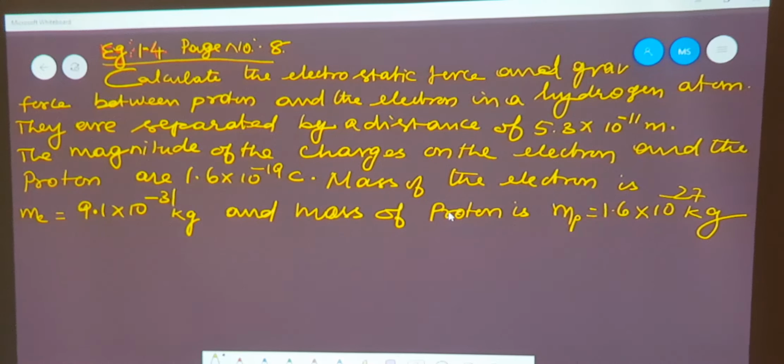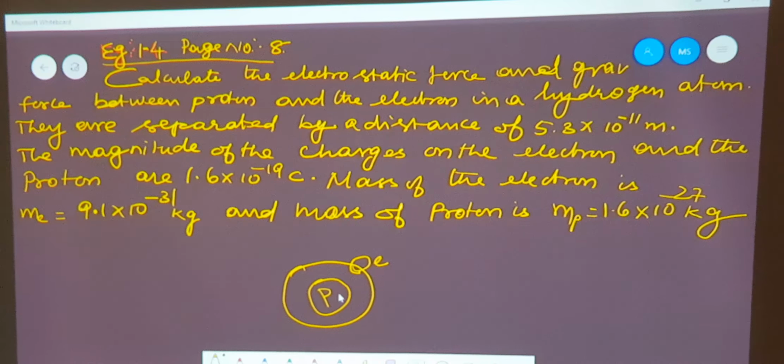It is given: calculate the electrostatic force and the gravitational force between proton and electron in a hydrogen atom. So you are having a hydrogen atom. At the center you will be having a proton, only one proton, and only one electron, no neutron in a hydrogen atom.